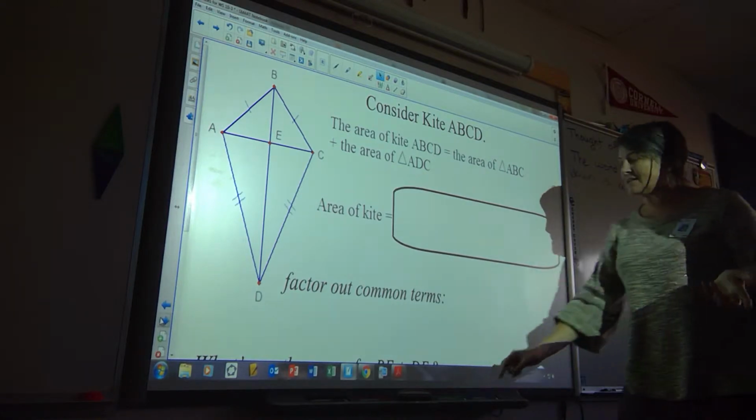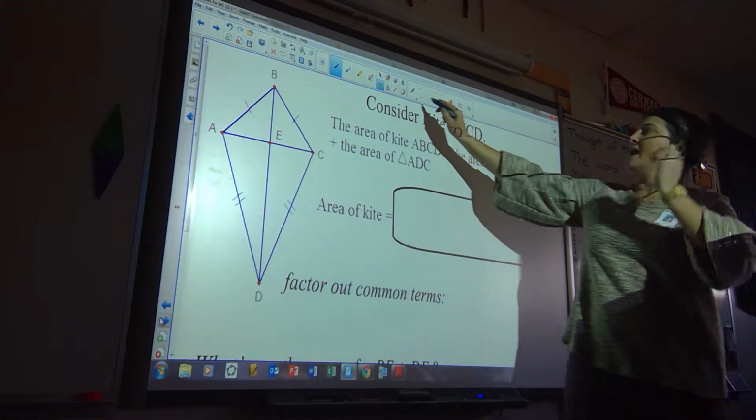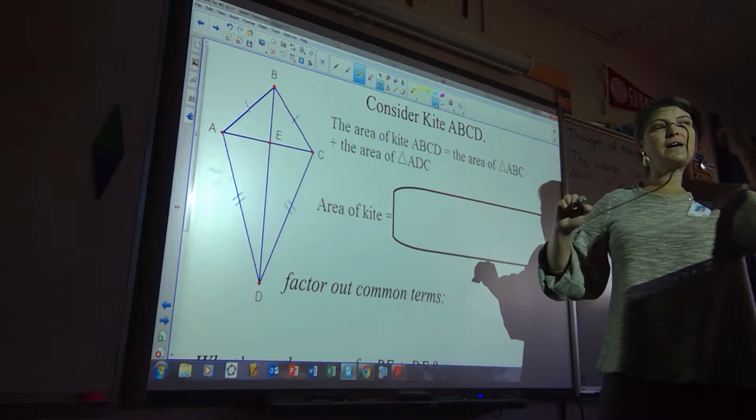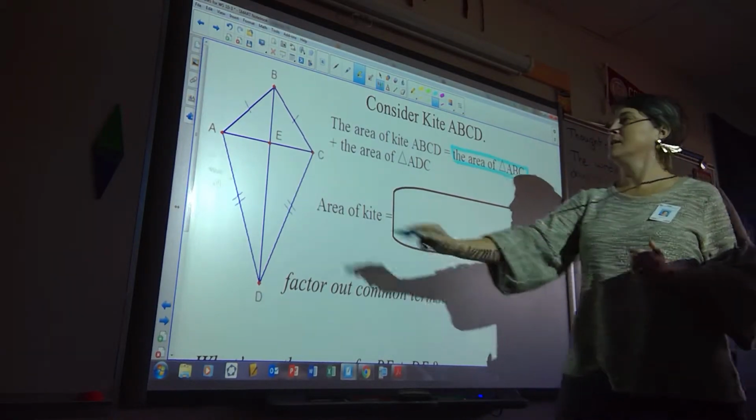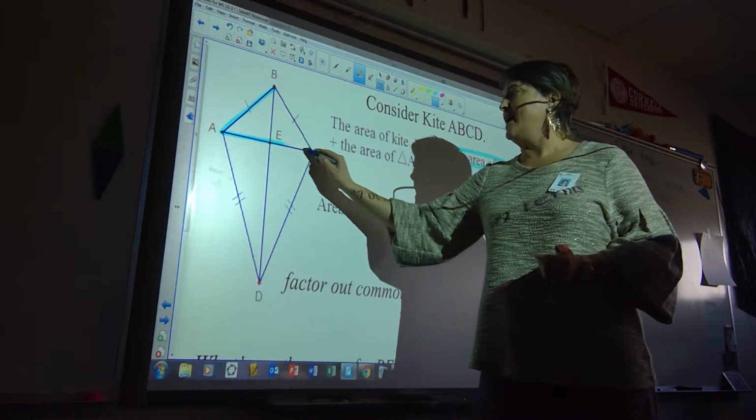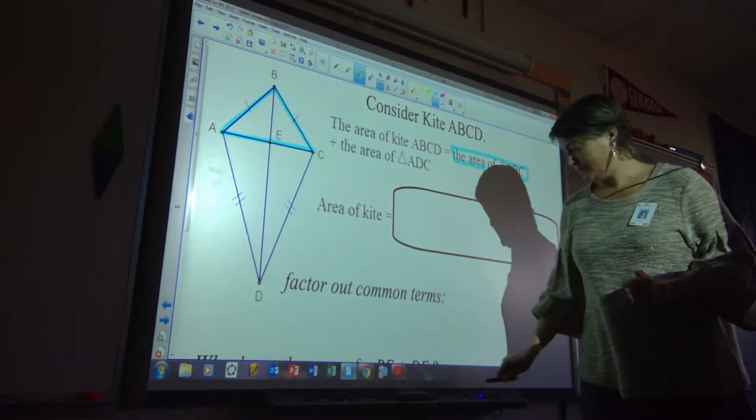So if we consider the area of the kite, one of the things we could do to figure out where this formula comes from is to break it up into 2 triangles. We could look at the top triangle.